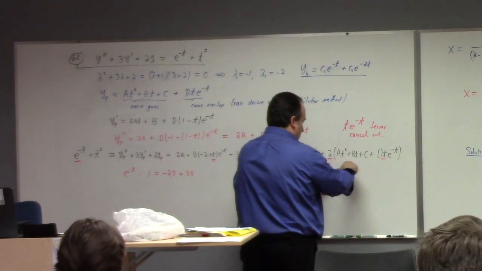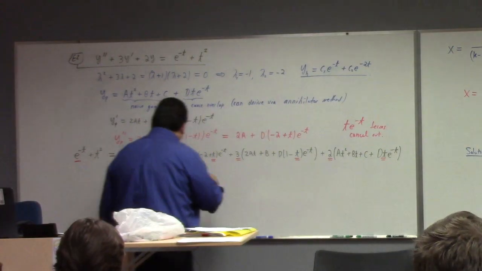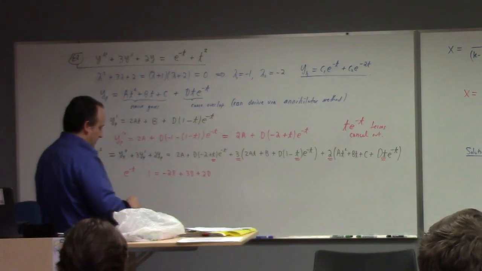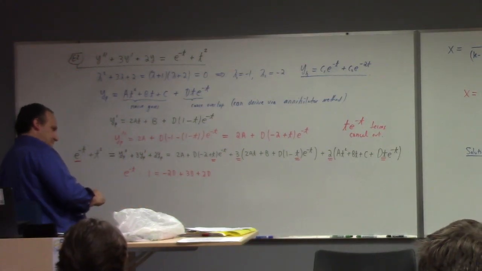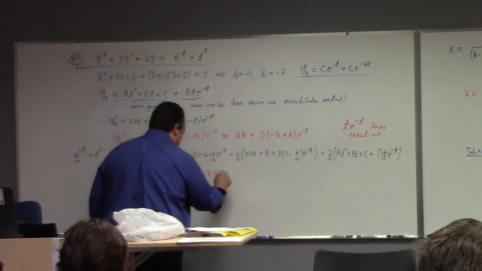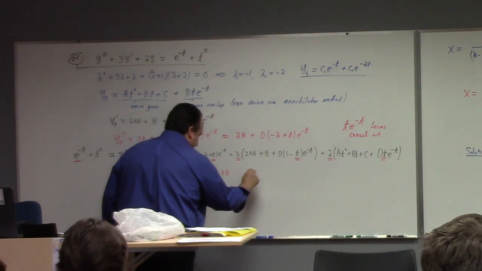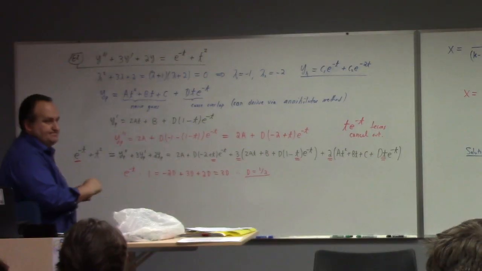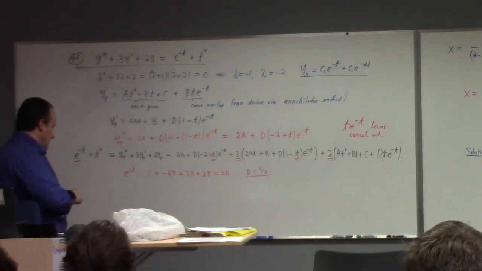And then over here, plus 2D again, which is 3D. So my D apparently is just 1/3.